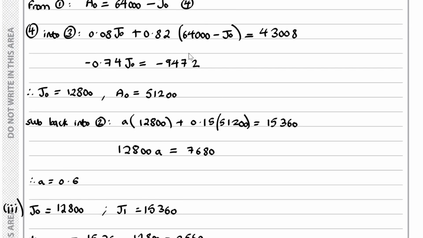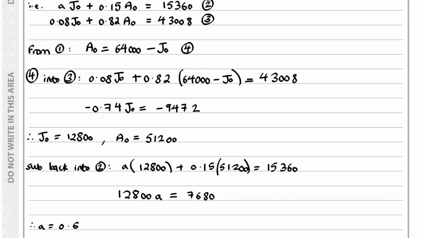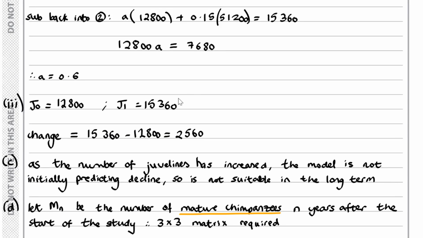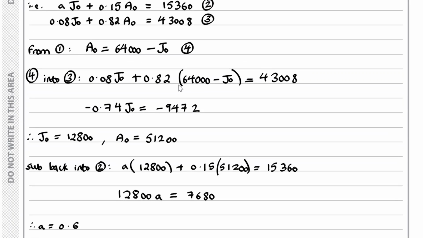So the adult population therefore is decreasing. Okay, hopefully you can see that. So maybe if we mention it here, the adult population is also decreasing. And that makes sense, because initially we start from 51200, and then in the first year we go to 43008.